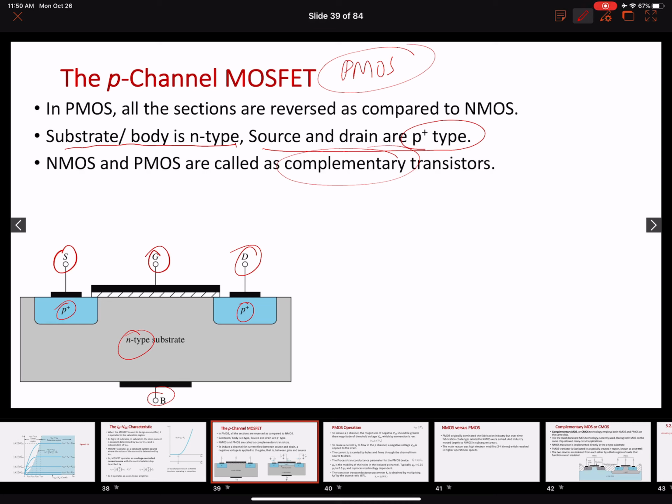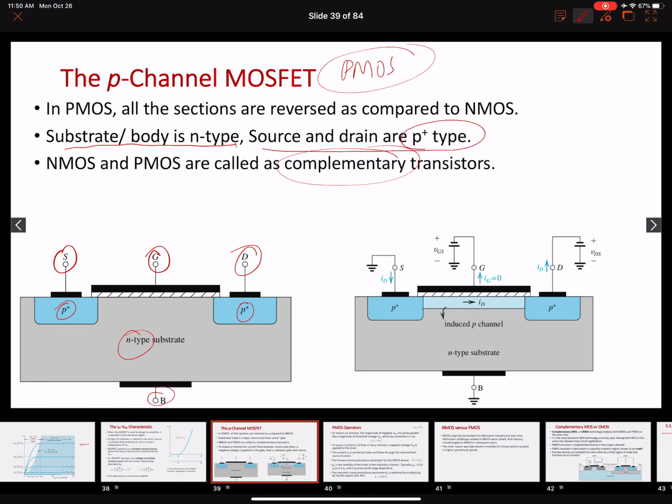Okay, so the operation of this transistor is going to be very similar. For an N-type substrate, we are going to have a lot of electrons, the majority charge carriers. Over here, we're going to have a lot of holes. So as soon as we apply a gate to source voltage, remember that for an NMOS we put a positive polarity on the gate electrode. Why did we do that? Because we wanted to push all the holes down.